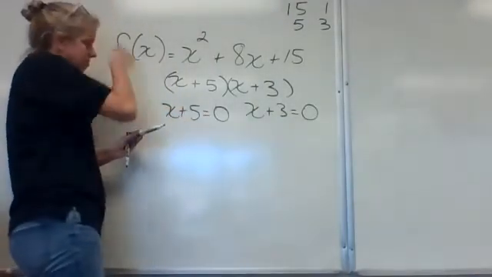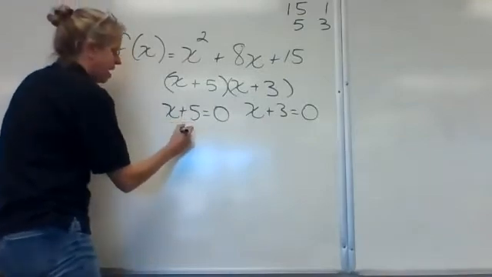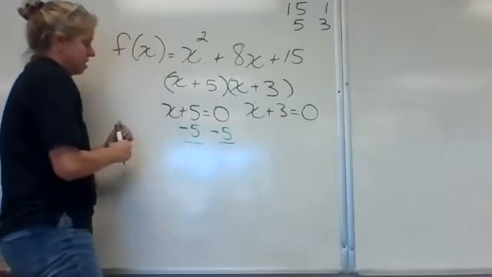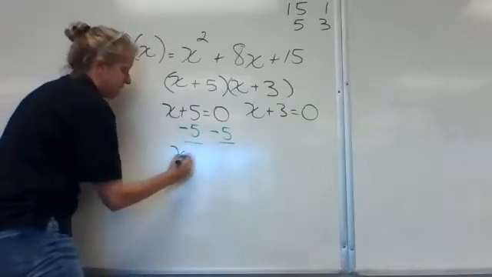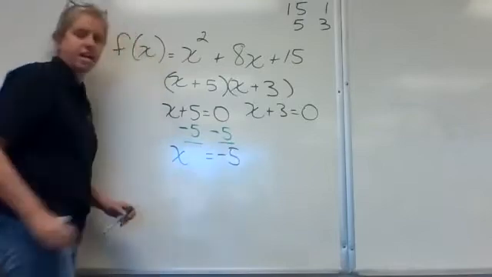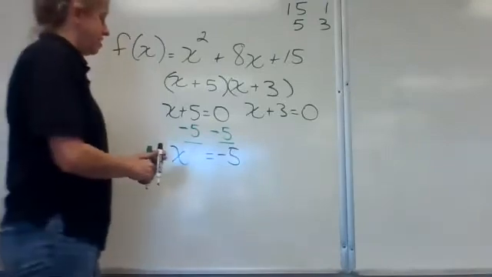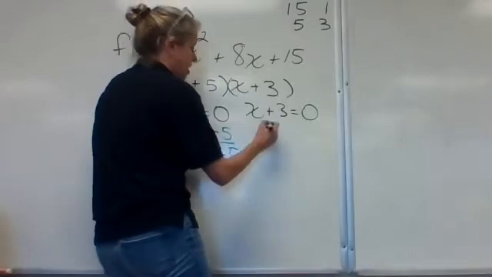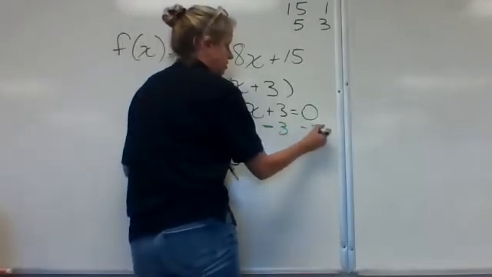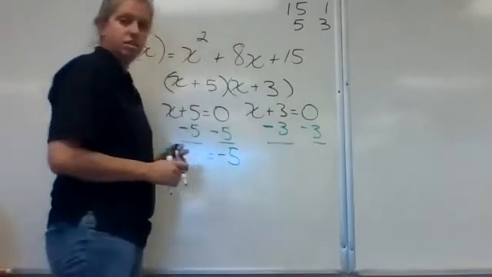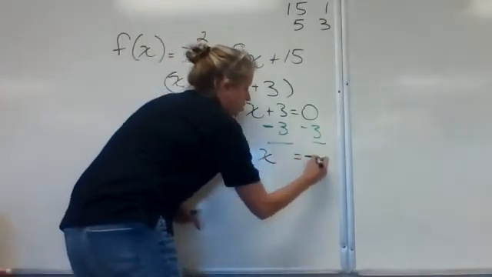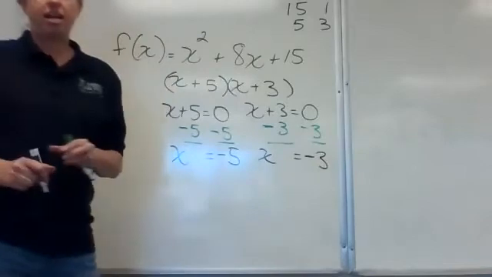So on this one, to get rid of plus 5, I would have to subtract 5, which would leave me with x equals negative 5. And on this one, to get rid of that plus 3, I have to subtract 3. And I'm going to be left with x equals negative 3.